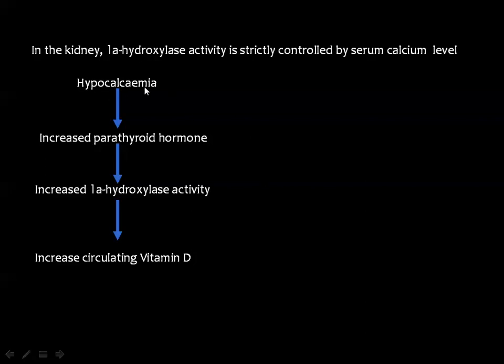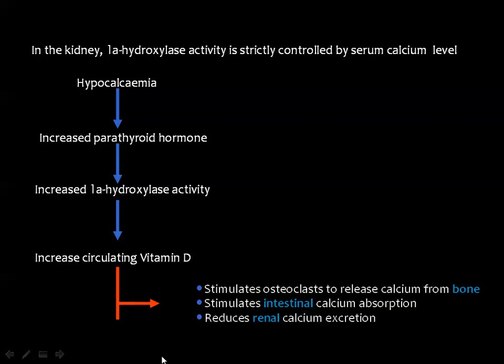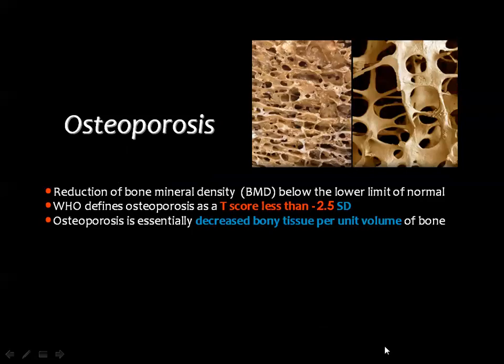In cases of hypocalcemia, there is an increase in the production of the parathyroid hormone, and this will increase the activity of the 1 alpha hydroxylase enzyme in the kidney, and this will increase the circulating vitamin D by one of three mechanisms. Number one, stimulation of the osteoclasts to release calcium from bone; stimulation of intestinal calcium absorption; and the reduction of the renal calcium excretion.